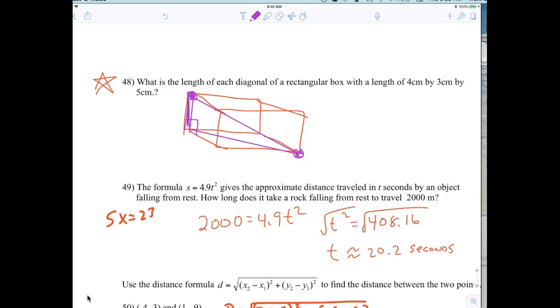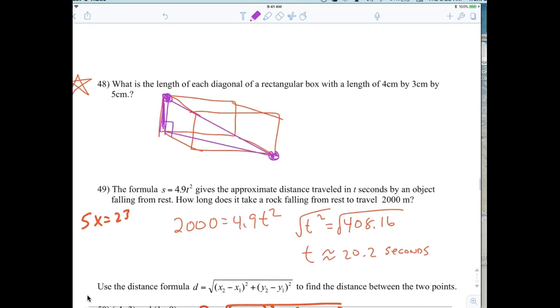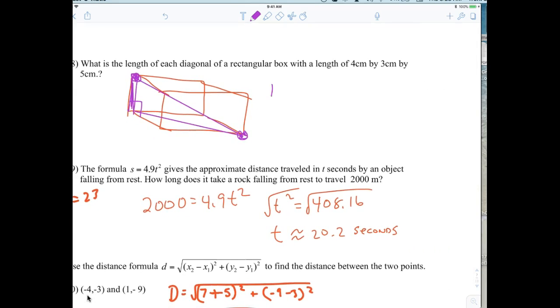In the interest of time, I just want to show you that the diagonal of a rectangular prism is d squared equals L squared plus W squared plus H squared. Does anybody see how that's three-dimensional?